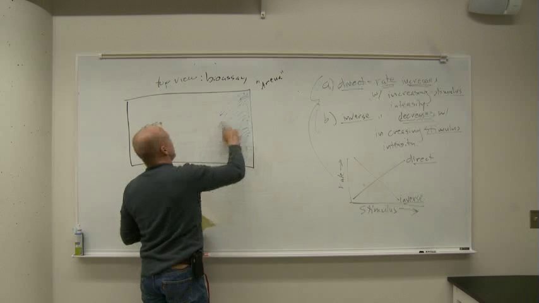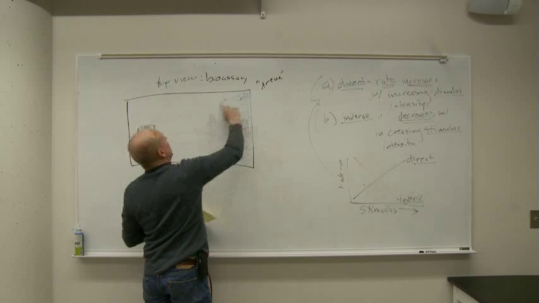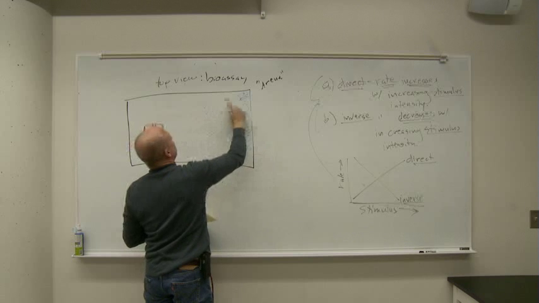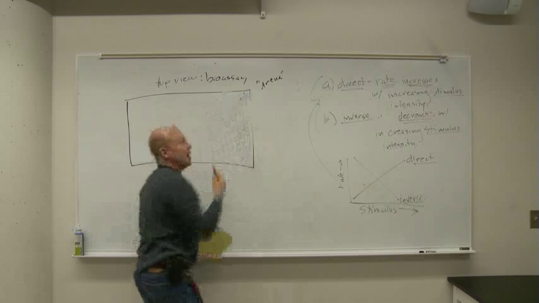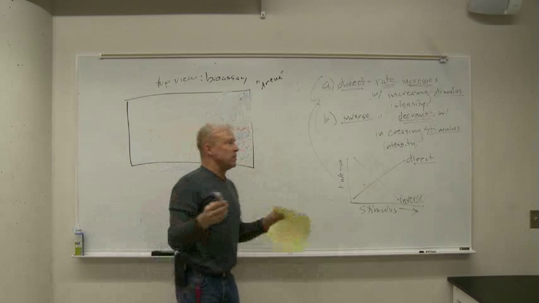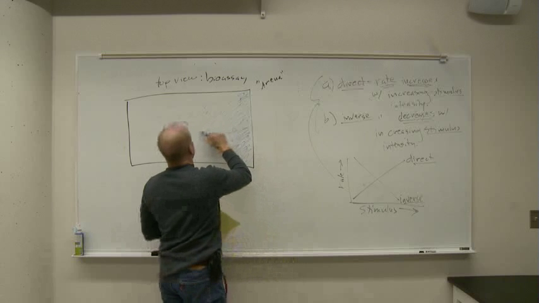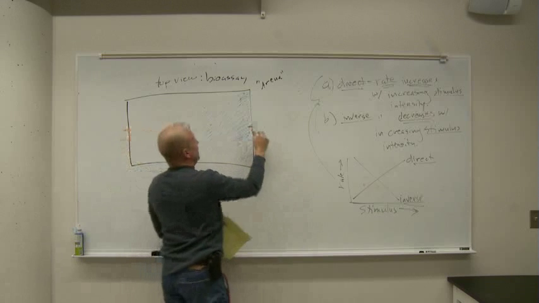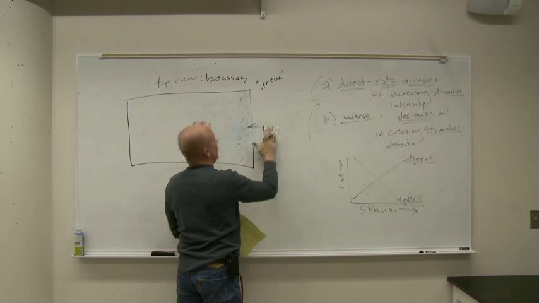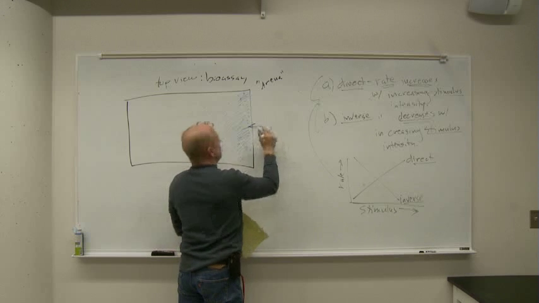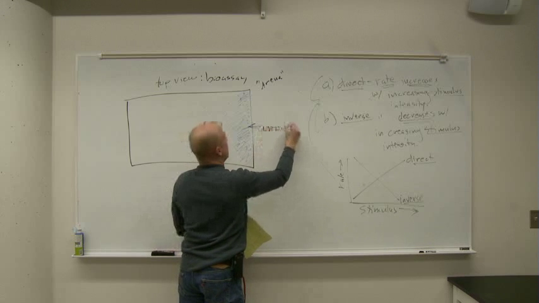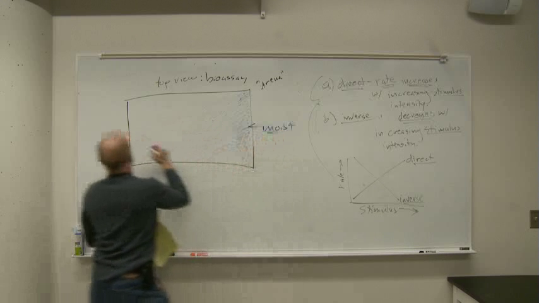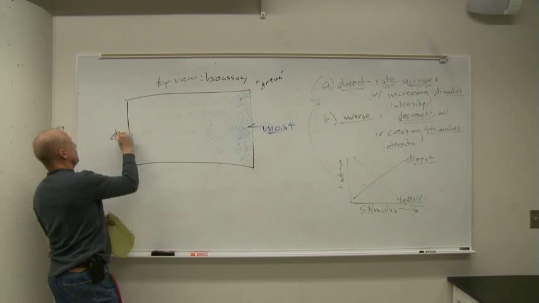I'm trying to show this, I hope it looks decent. I could do this with brilliance with the old chalkboards, but the idea is that this end is very moist. So we have a humidity gradient. This end is dry over here.